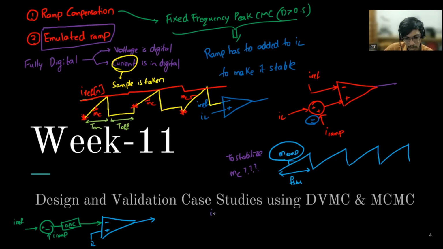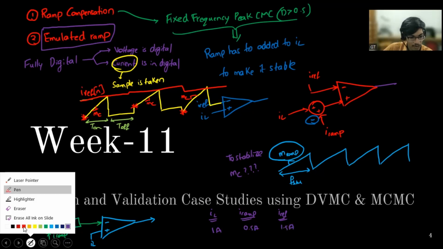I am considering one case: IL, IRAMP, I reference. Consider no ripple for ease of understanding. Say IL is 1 ampere, IRAMP is 0.5 ampere, and I reference is 1.5 ampere.